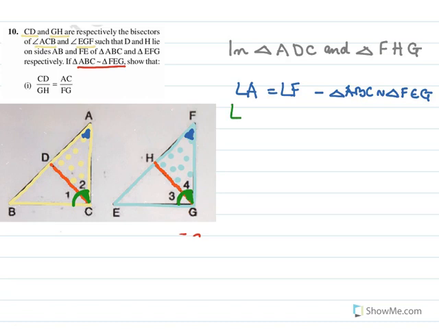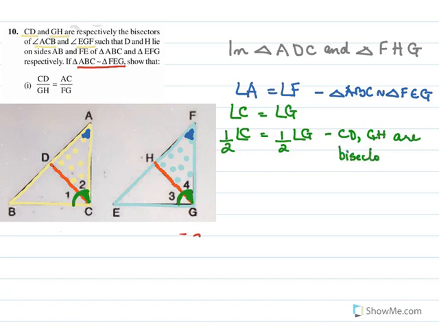Then we have that entire angle C. So next, C equal to G. If C equal to G, half of angle C equal to half of angle G. And the reason for this is CD and GH are bisectors of angle C and angle G respectively.